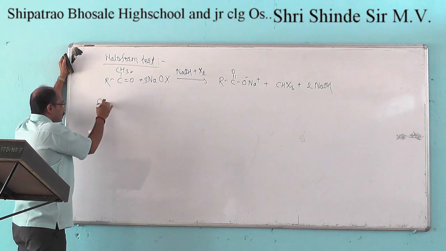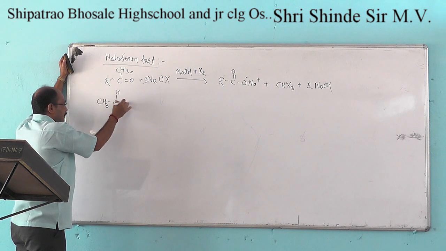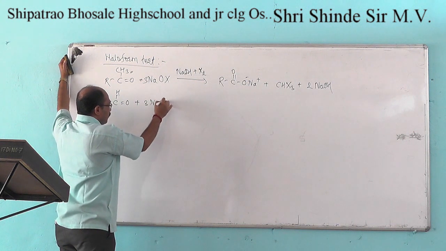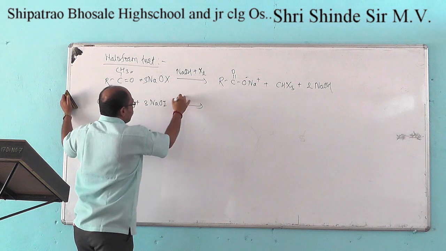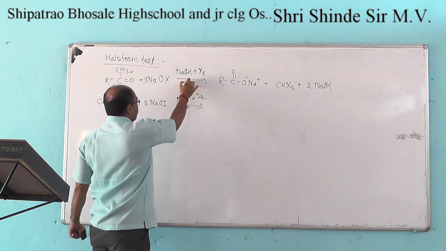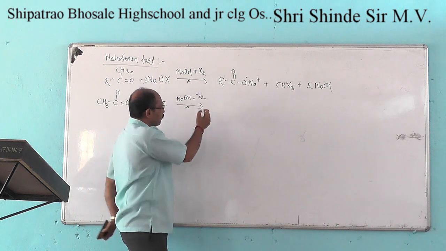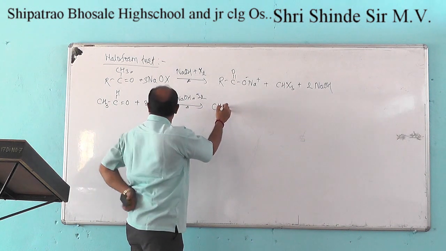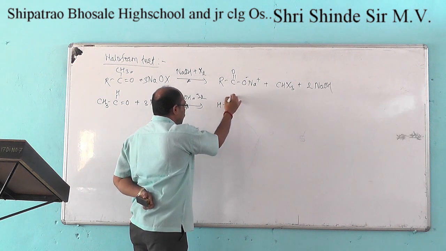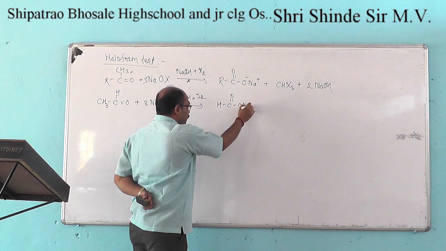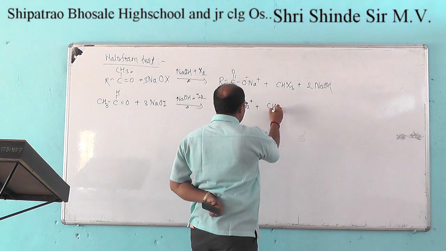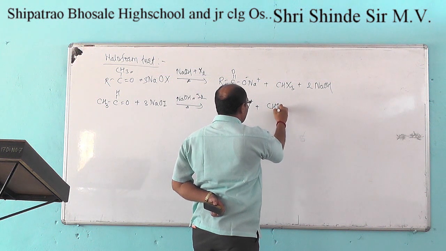For example, acetaldehyde on treatment with sodium hypoiodide, which is prepared by the action of sodium hydroxide with iodine molecule, gives us the formation of the corresponding carboxylic acid salt, sodium salt of formic acid, along with the preparation of iodoform.